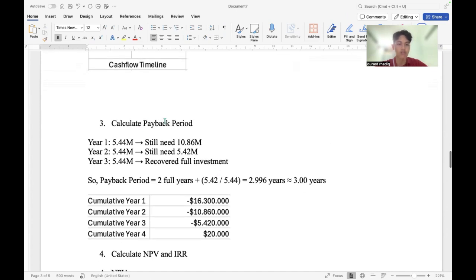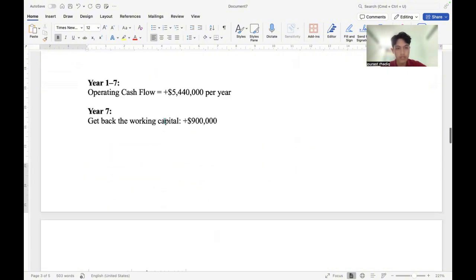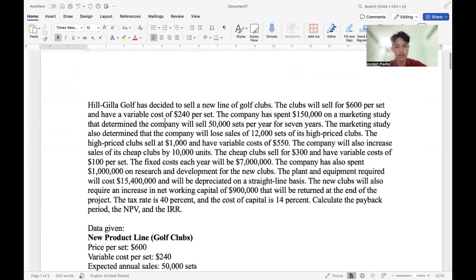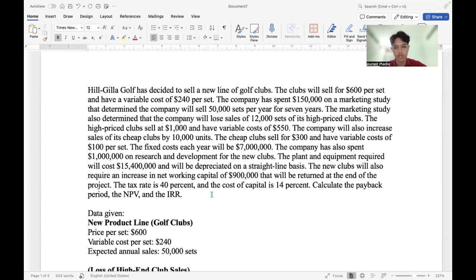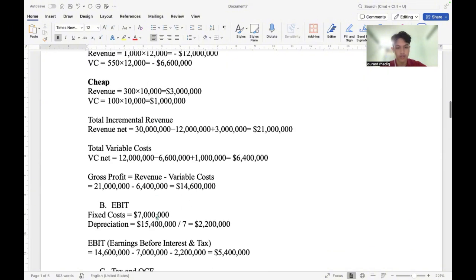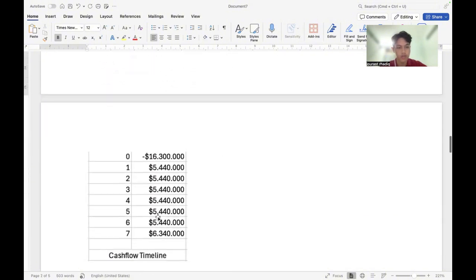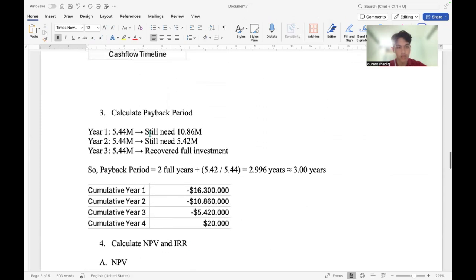Next one, we want to calculate the payback period, because the 3 main things that question 1 asks are the payback period, the NPV, and also the IRR. Okay, so we want to calculate the payback period.